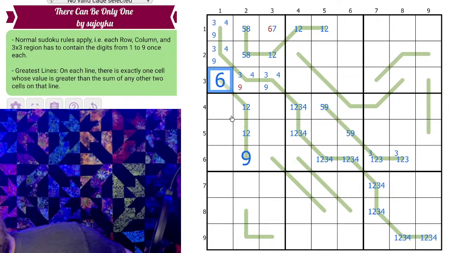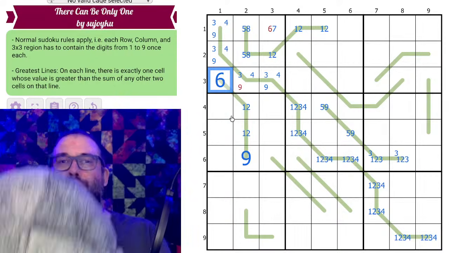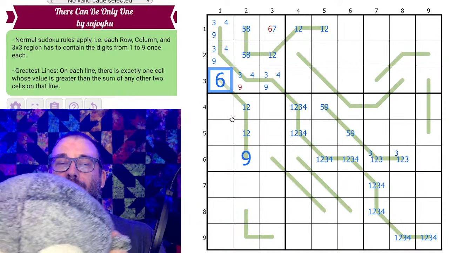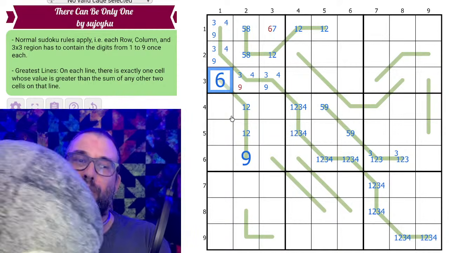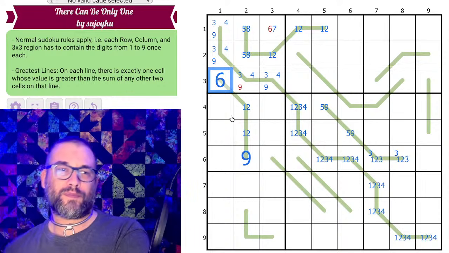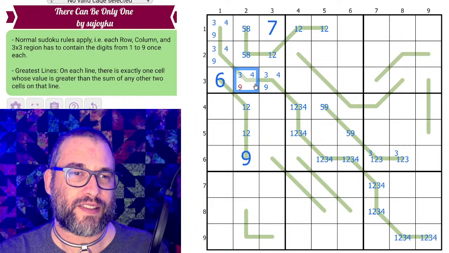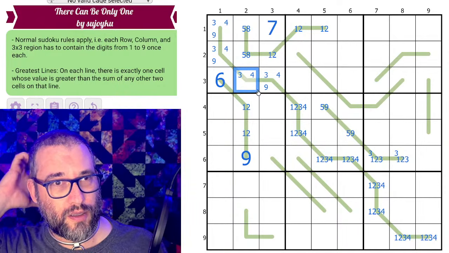And we get to do a 9 dance. Okay. That's a 7. Pool boy.